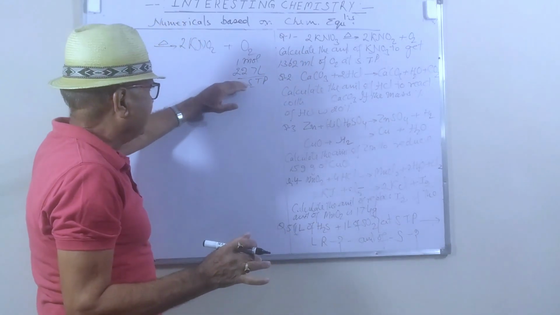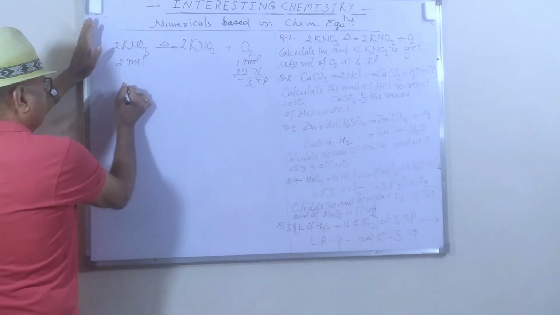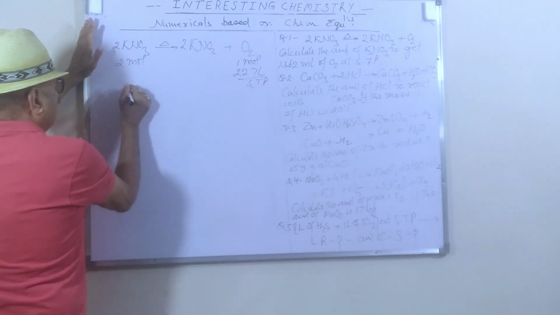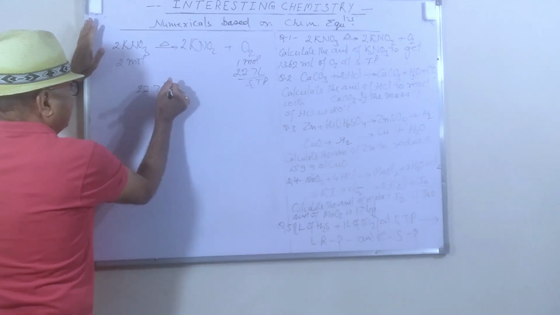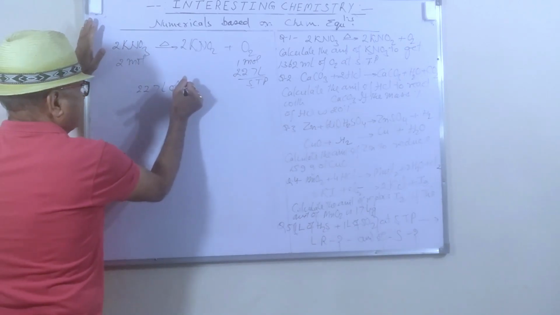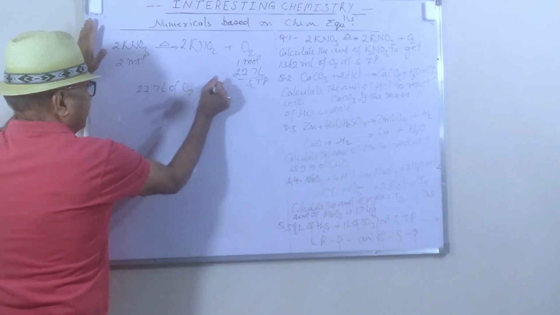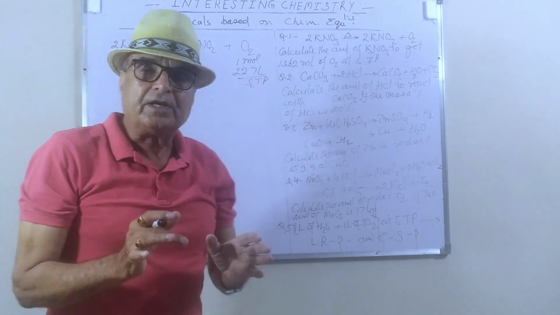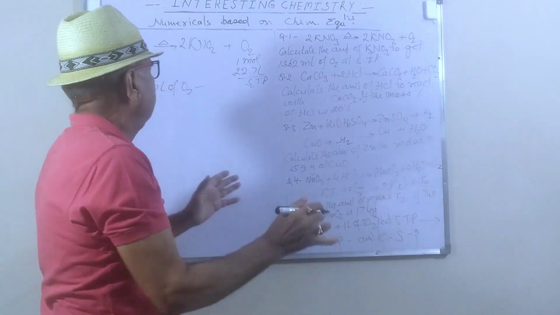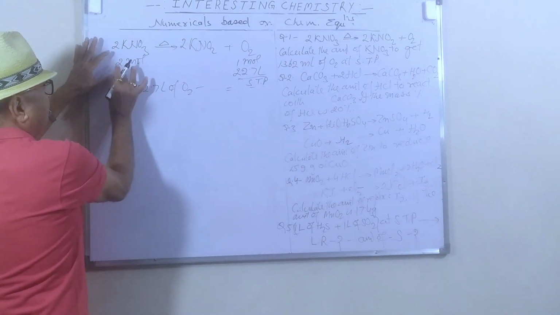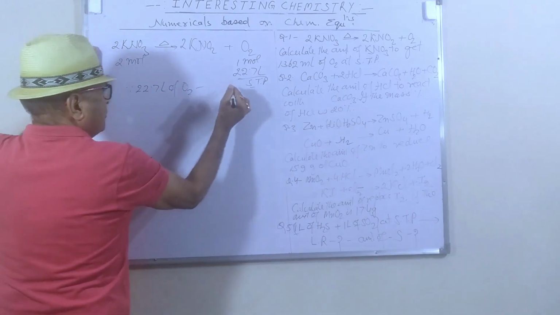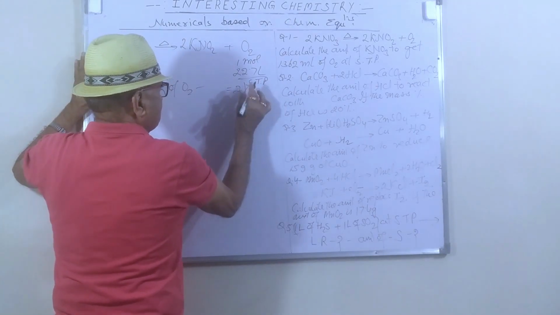So you can write here, 22.7 liter of oxygen is produced by 2 moles of potassium nitrate.